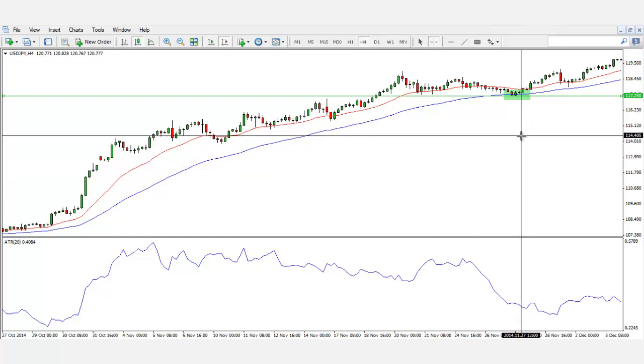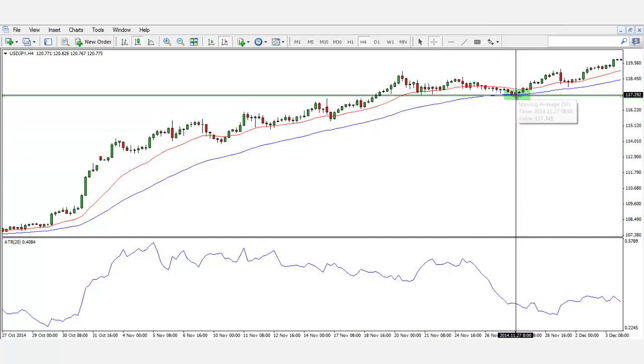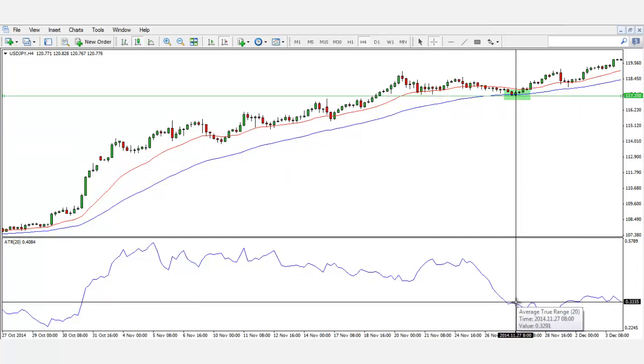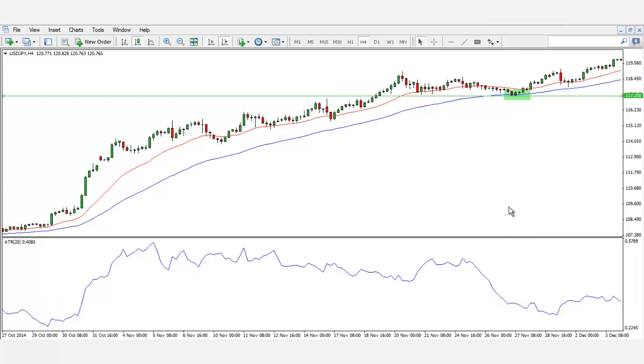At this particular point in time when I got long, over here, the ATR is showing about 33. You can see on the right hand side, the number which is moving is 33 right now. So one ATR is 33 pips, and I typically use 2 ATR as my stop loss. I'll take 33 multiplied by 2, which gives me 66 pips. So for this trade, my stop loss will be 66 pips.